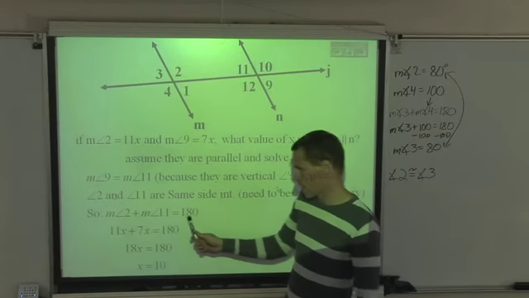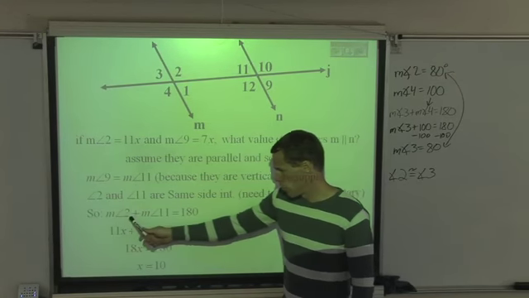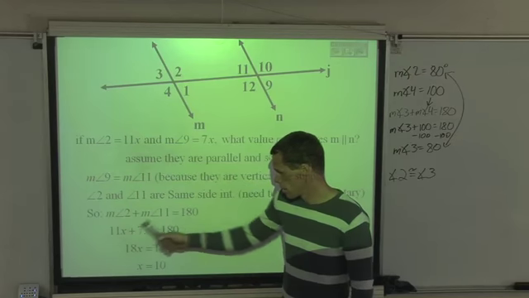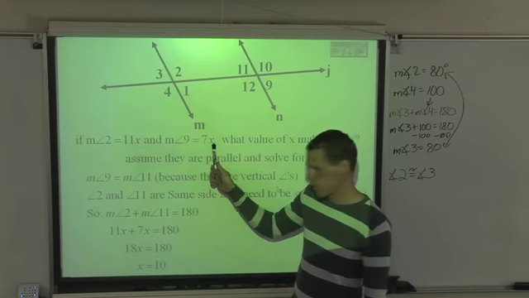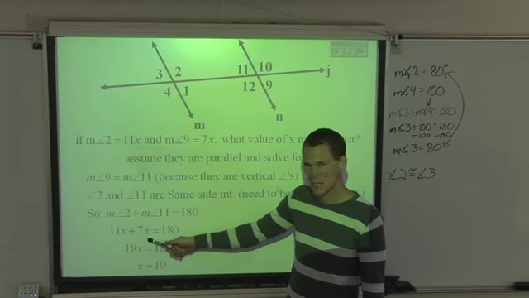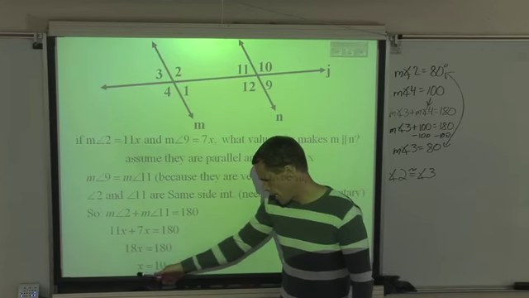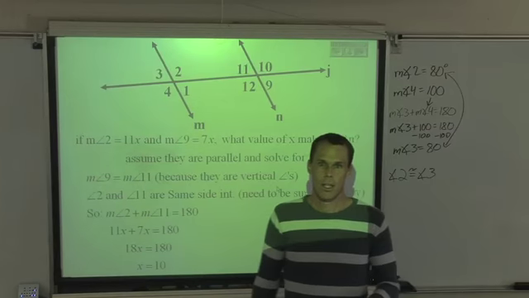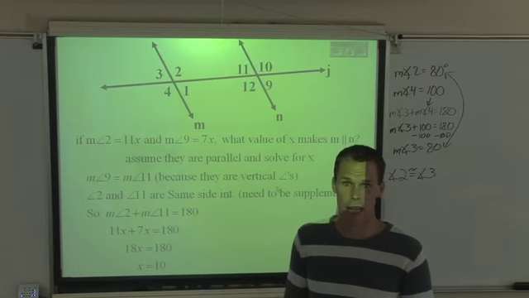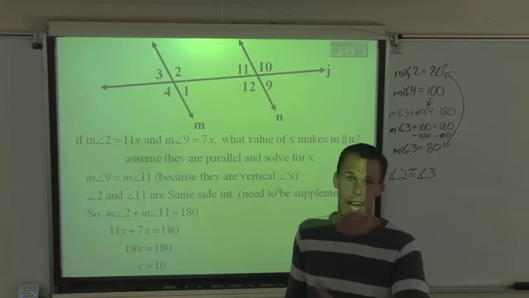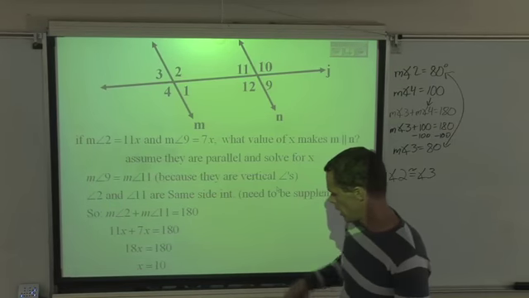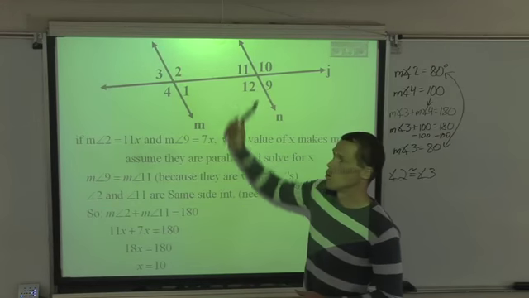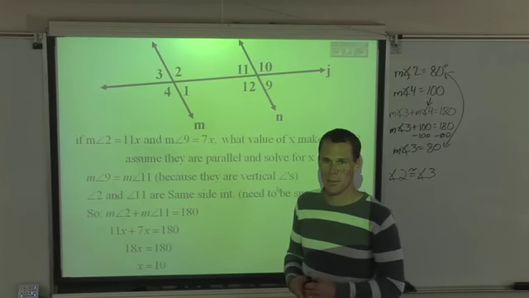So let's make them supplementary. 2 is 11x. 11 is 9 and 9 is 7x. So 11 is 7x. That makes 18x equals 180, and x ends up equaling 10. So if x equals 10, the lines will be parallel. If x equals anything else, then the lines won't be parallel.